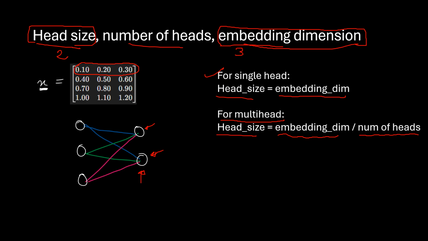So for example, say we're using an embedding dimension of 56 and we are using 4 heads, then our head size should be 56 divided by 4, which is 14.